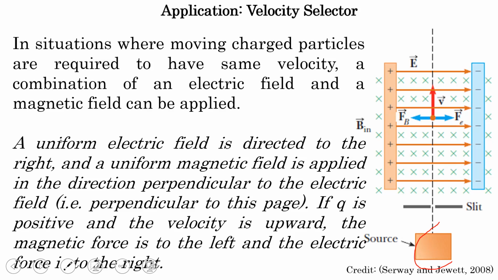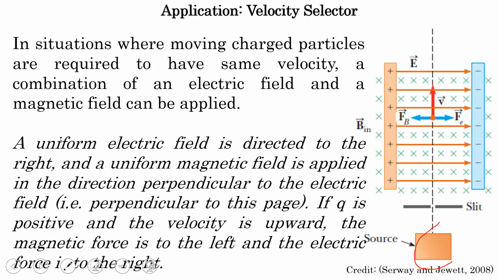But for charges whose FB is less than FE, they will drift to the right. They will crash into the negative plate. For charges whose FB is greater than FE, they will move to the left and crash into the positive plate.